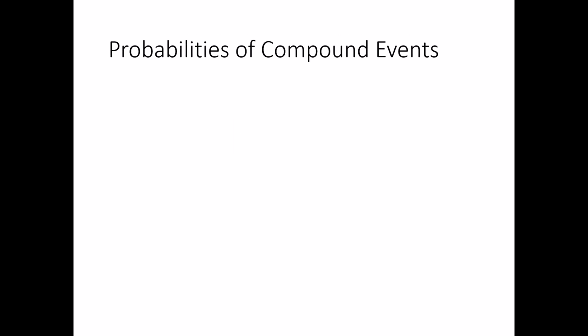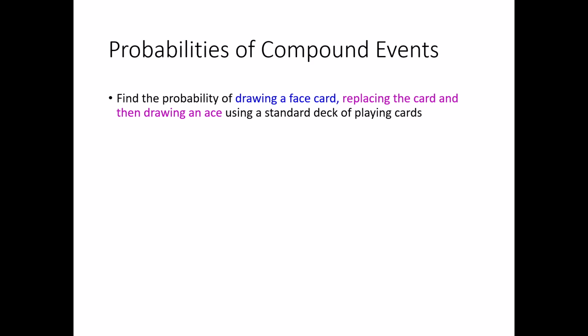Okay, continuing on, we're going to look at a little bit more complicated of a situation. Now we're going to be looking at drawing cards out of a deck. So a couple things that we need to know about a deck. A deck has 52 cards. And so we want to know the probability of drawing a face card.